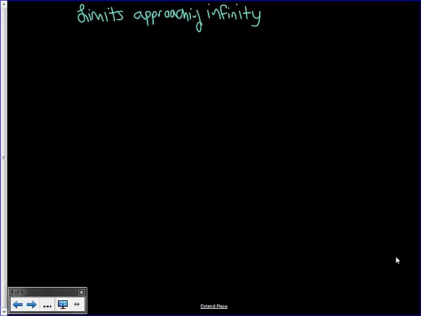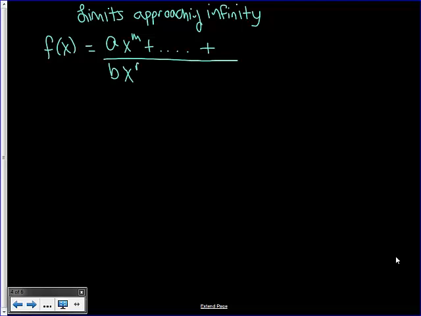Typically we're going to be talking about f of x equals a times x raised to the m plus some sort of garbage, over b times x raised to the n plus some sort of something.